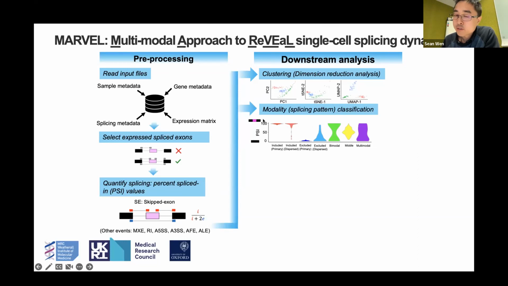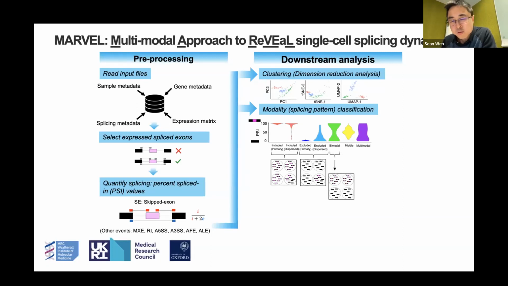So just a quick recap, 100 means that the exon is expressed, whereas 0 means the exon is excluded. So what do we mean by included splicing pattern? Included splicing pattern means that most of the cells would express the pink alternative exon. Excluded means that most of the cells would exclude the pink alternative exon.